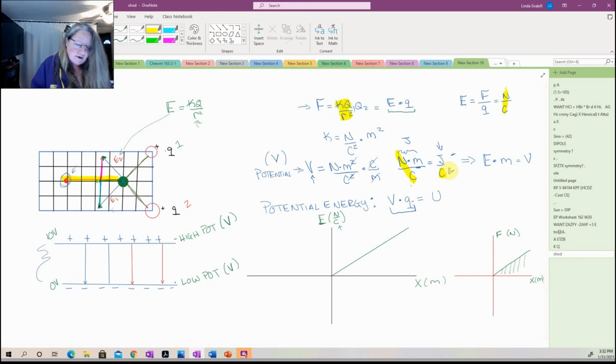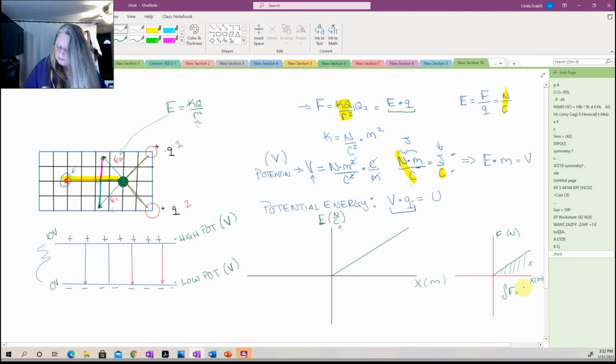So now why do I have these graphs? Let's look down at the graphs. In 161, we would do force versus distance graphs. And we looked at those and we said, what's the slope of that thing, rise over run, force per meter. I don't know that really helps me much. But then I can look here and say, what is this? This would be the integral of force, which gives me the area under the curve.